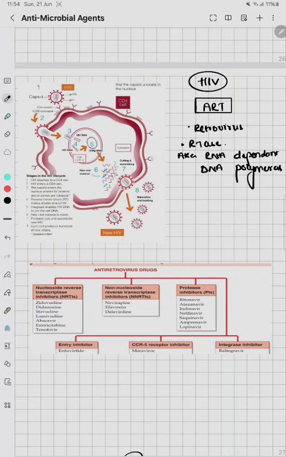From this information, you can infer that RNA is the viral genome which is getting converted into DNA so as to cause infection of the human cells.